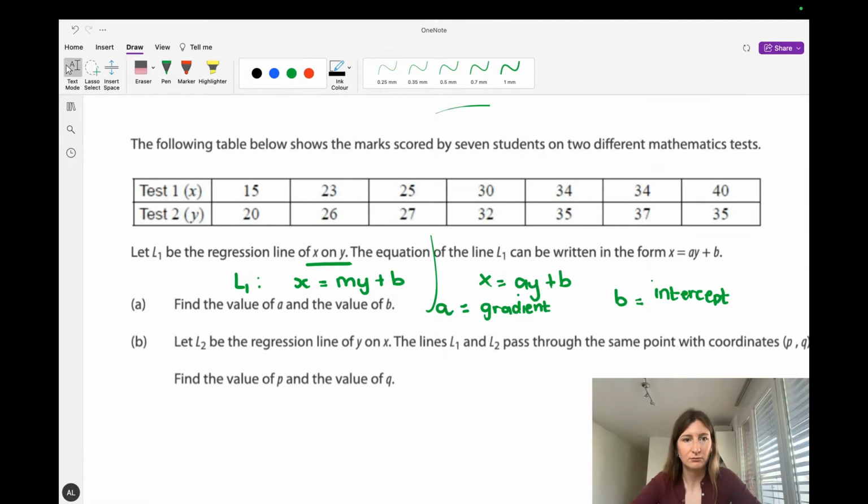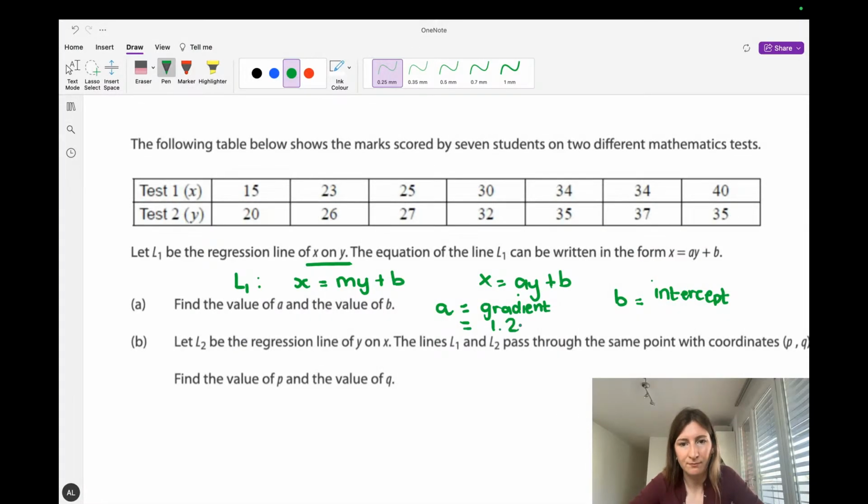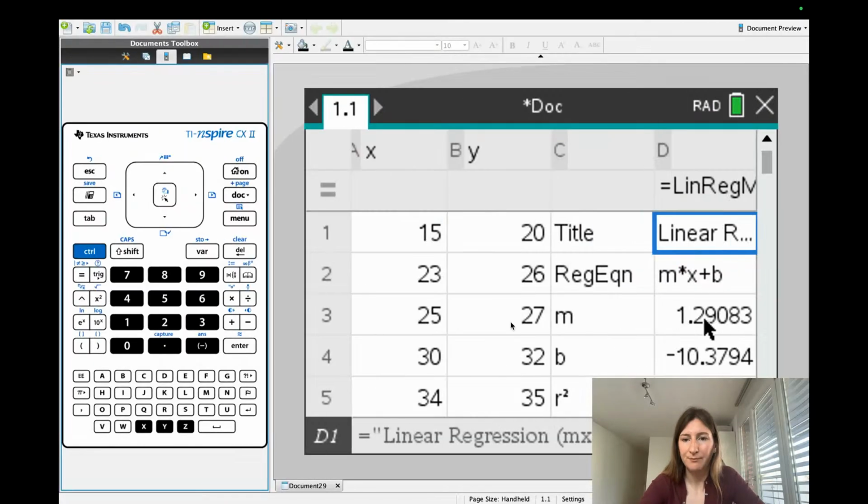That was our a, that was our gradient. So m, let's go with a. Our gradient was 1.29. Our b is minus 10.37, so minus 10.4.